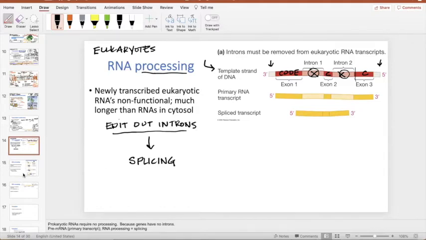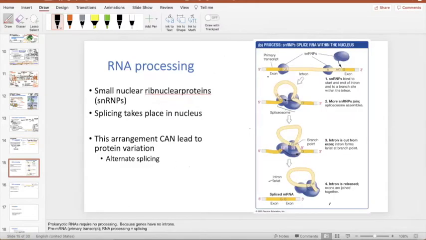And here's how it works. You can see here that we have an exon and it's got an intron in between, okay? What happens to get rid of this intron? Remember, we want to get rid of this. What happens is we have some small proteins that bind on either end of the intron. These proteins are actually a combination of protein and RNA.